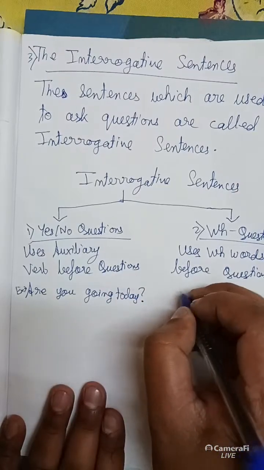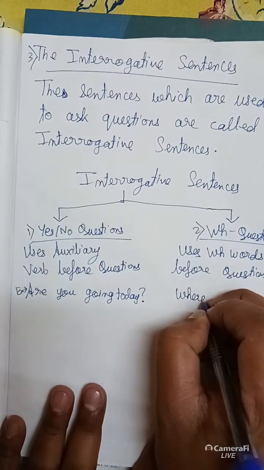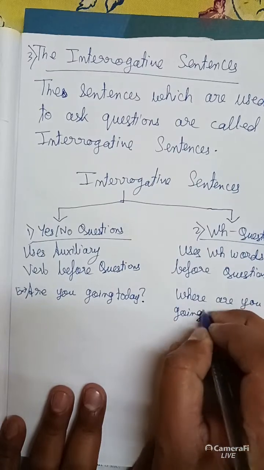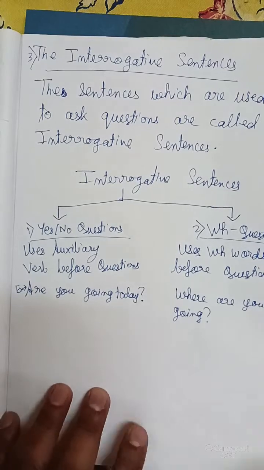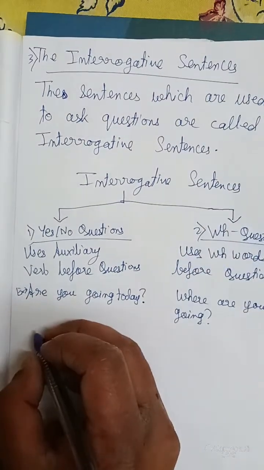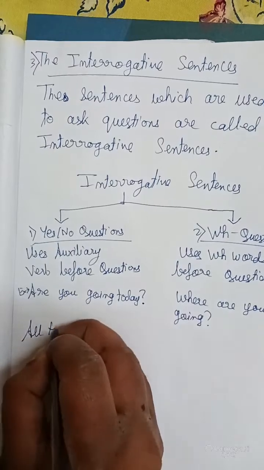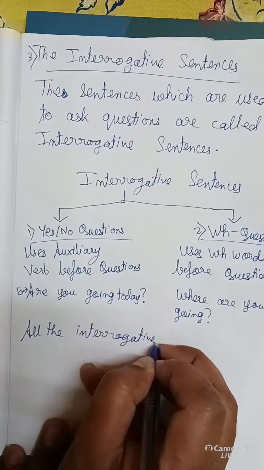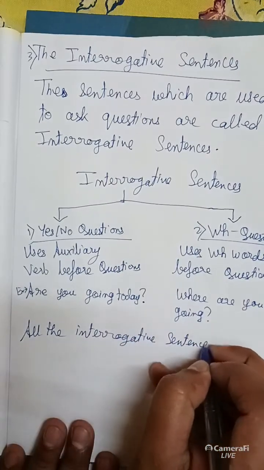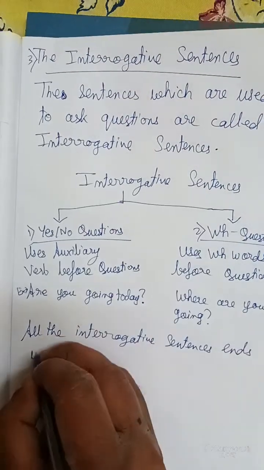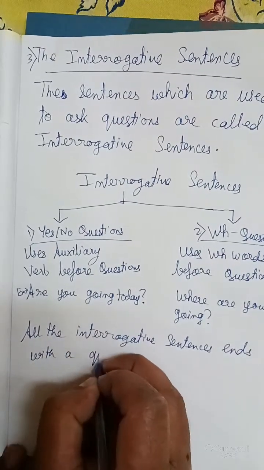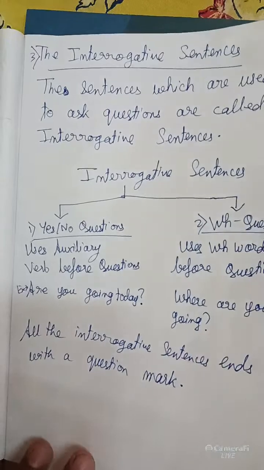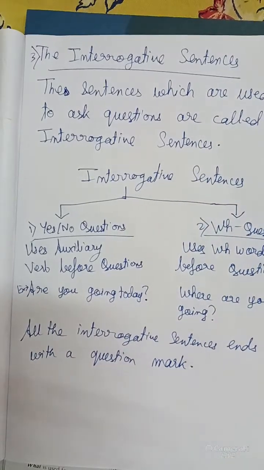Question mark. WH question: "Where are you going?" So all the interrogative sentences end with a question mark. So this is interrogative.